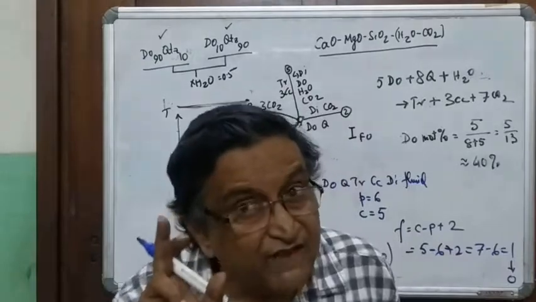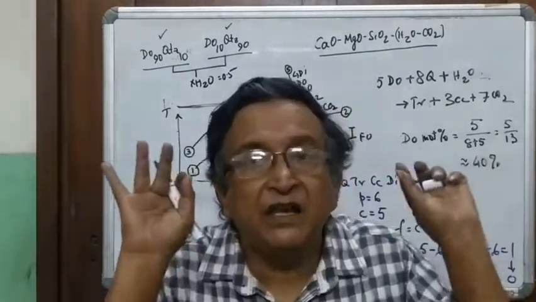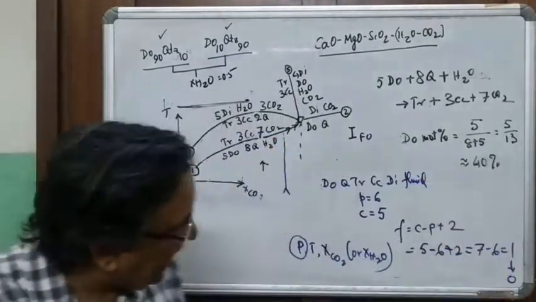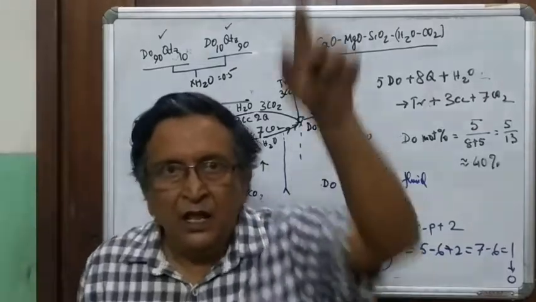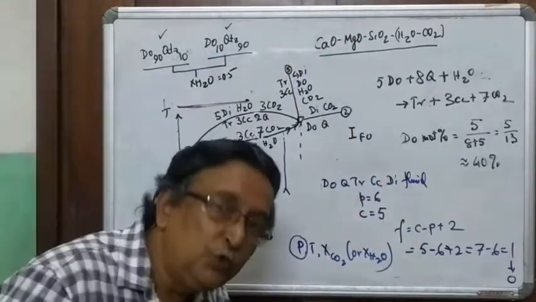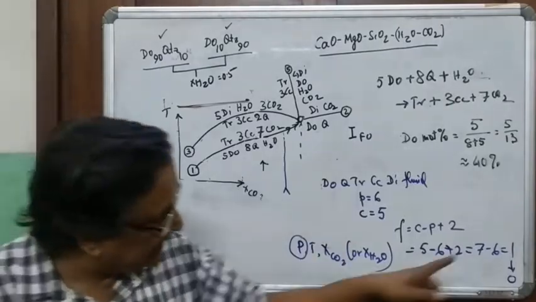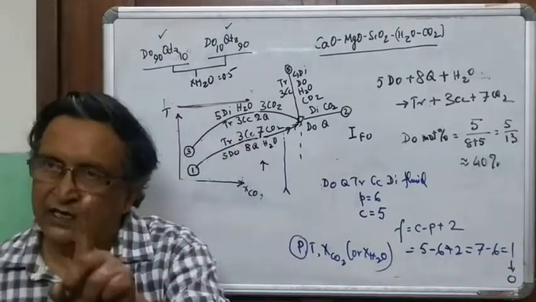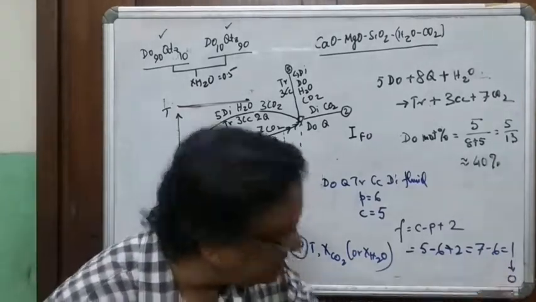Remember, it's not an invariant point in the strict sense of the term. It's isobaric invariant. But actually, it is univariant. In a field where it is T, XCO2, P, where P is a variable, there its actual variance is 1. But for an isobaric section, with P known, this is 0.